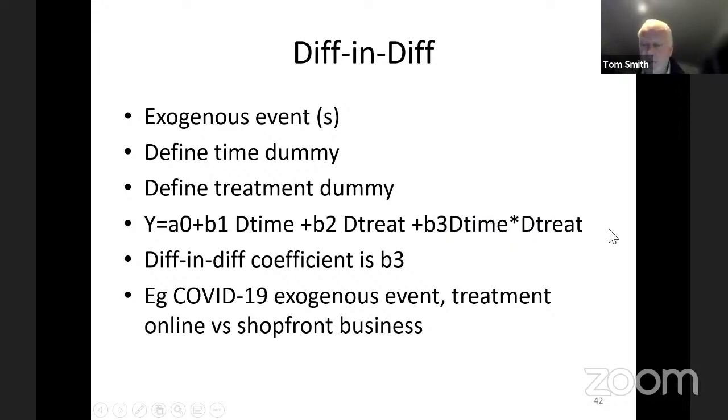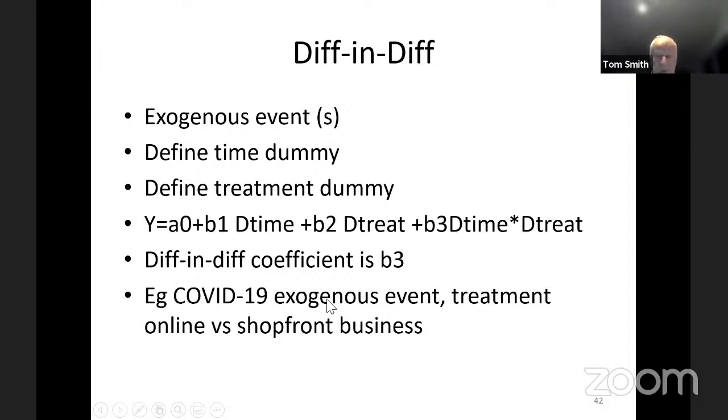And you can also have control variables. So the difference in difference coefficient is the third one, the B3. This will tell you whether the firms that had a tax change had a different performance, different leverage after the tax change.